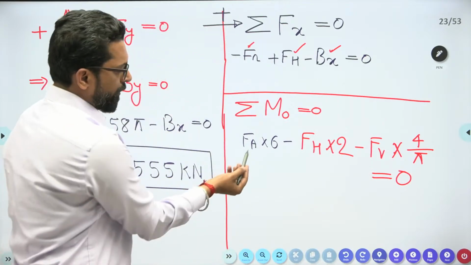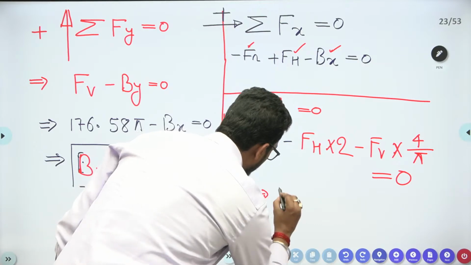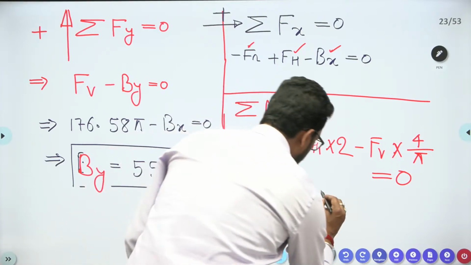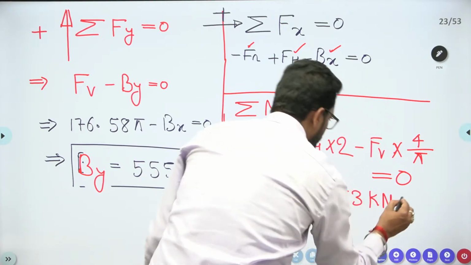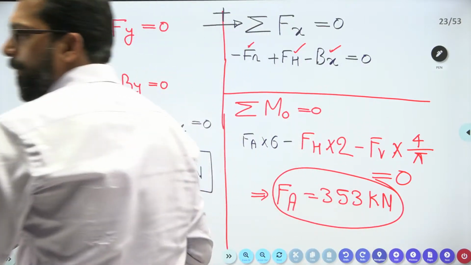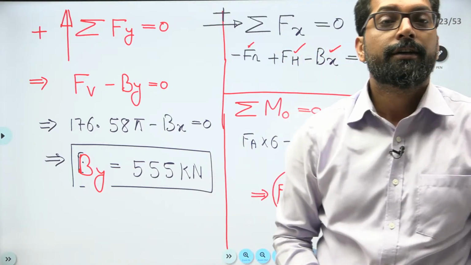You have FH, you have FV, put them in, and FA is 353 kilonewton. This is your net reaction at the support A.